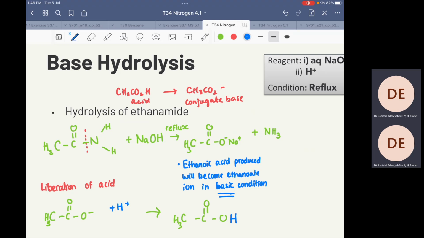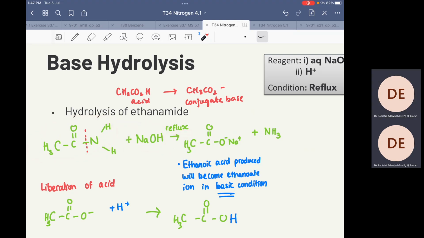At the bottom it says aqueous sodium hydroxide can be used to distinguish an amide from an ammonium salt. An amide will liberate NH3 when it is heated with aqueous sodium hydroxide. So you see here, ammonia is formed when an amide reacts with sodium hydroxide, but heated. Okay?